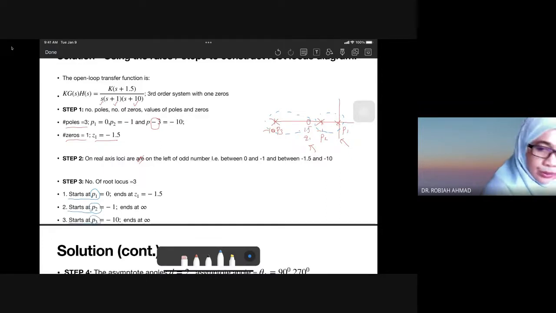So the first one, if you look at this one, let's say I use red for this one. And then we have P2, the blue one.